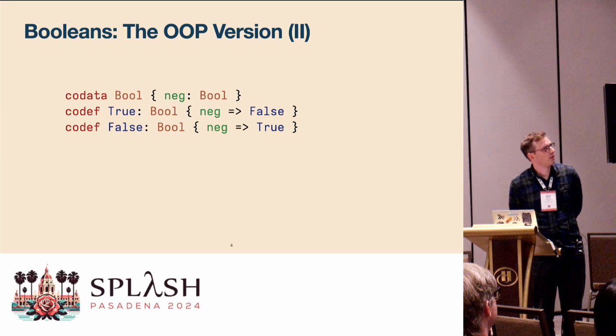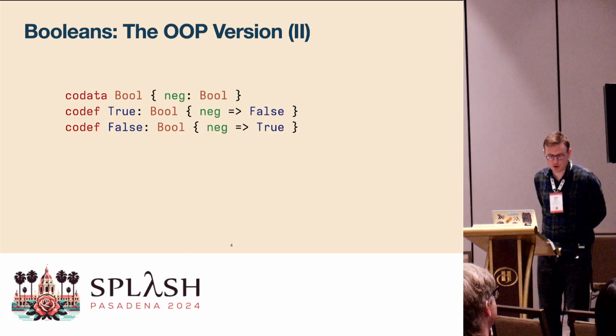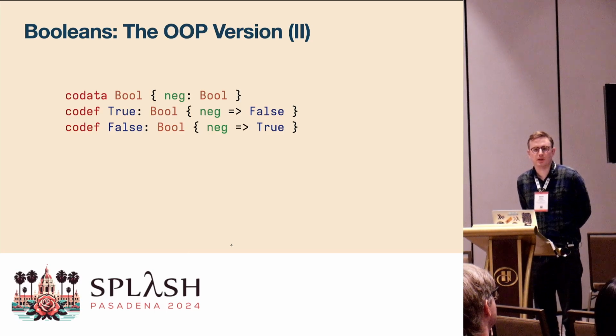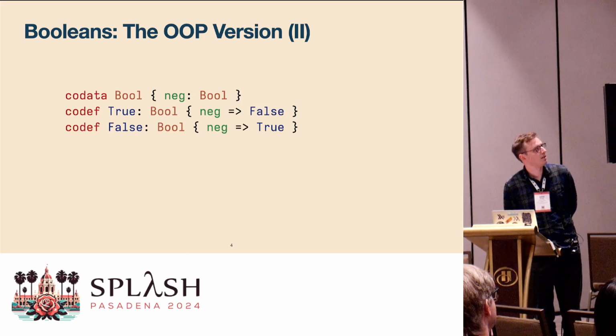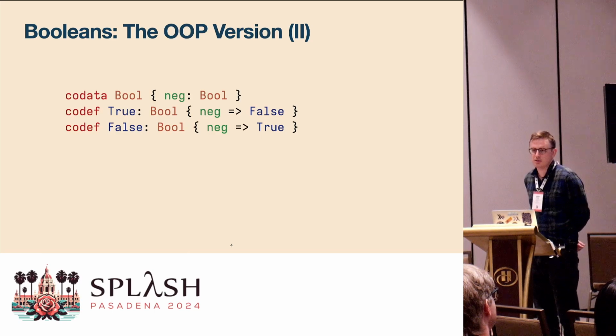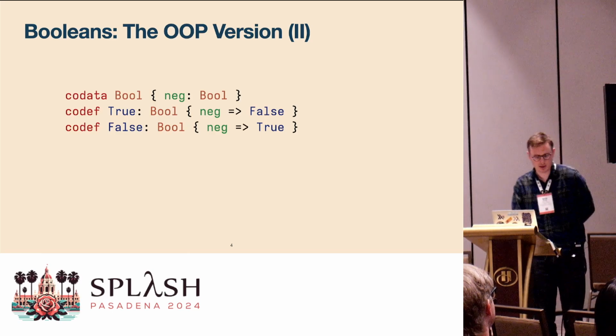If we would define this in an object-oriented style, then we would define Booleans not by its possible constructors, but as an interface on methods that I have to implement for Booleans. Here in this example, I just consider negation, so every Boolean has to implement the negation function.